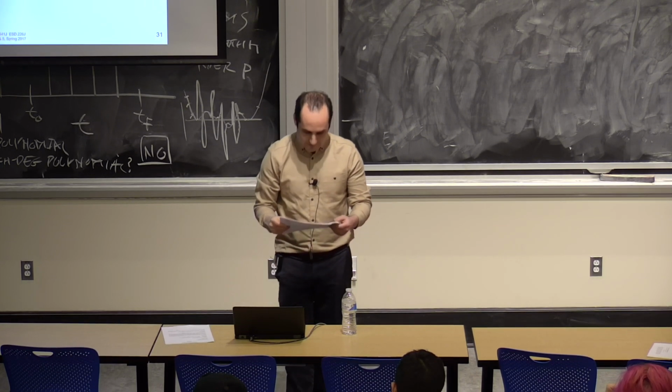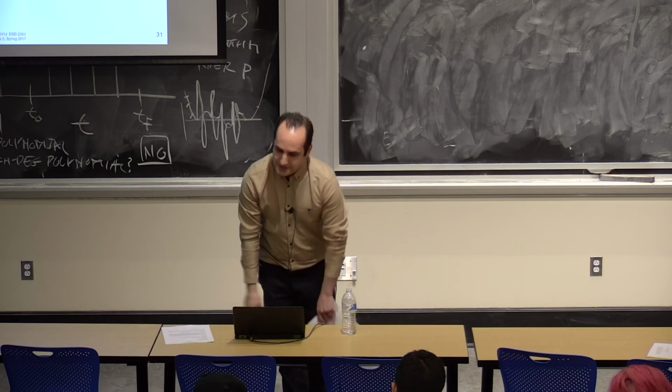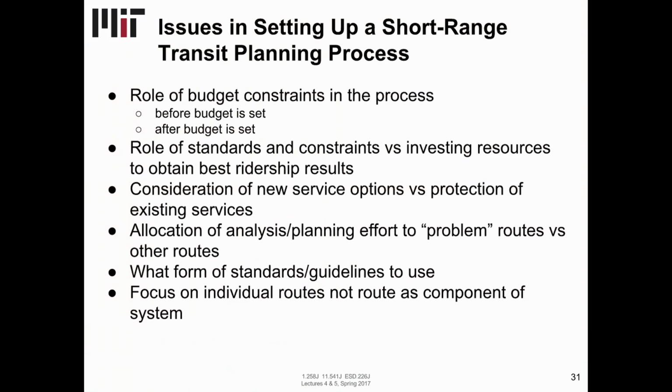So in terms of issues in setting up a short-range transit planning process, this slide mentions some of these issues, starting with the role of budget constraints in the process. This could be related to before the budget is set and after the budget is set.